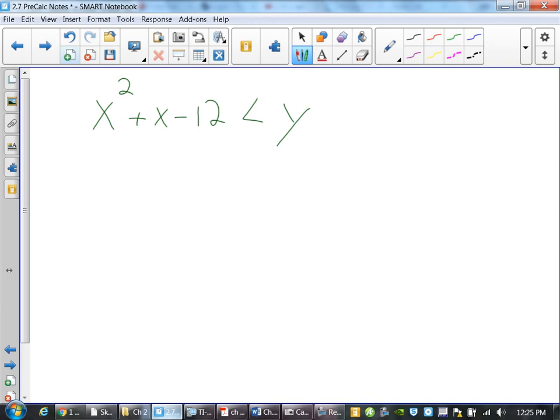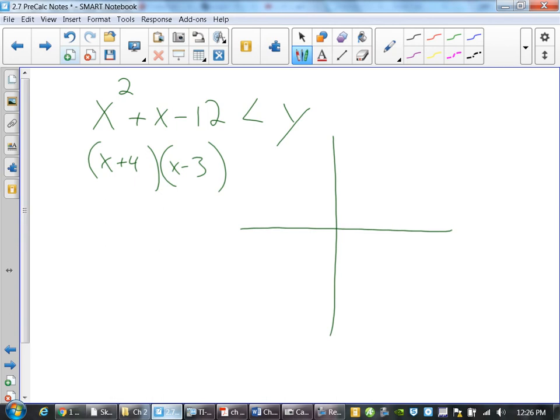When I factor that, I picked one that we just did a second ago. This was x plus 4, x minus 3. You agree on that? Which means my zeros were at negative 4 and 3. Is this up like a cup or down like a frown?